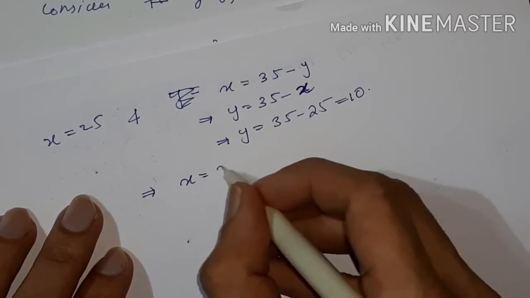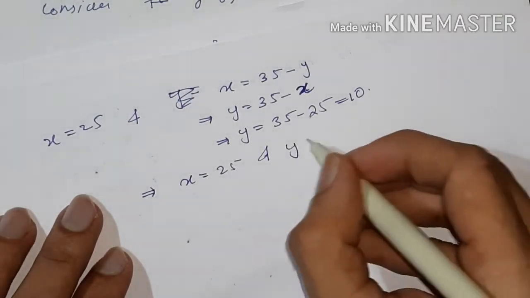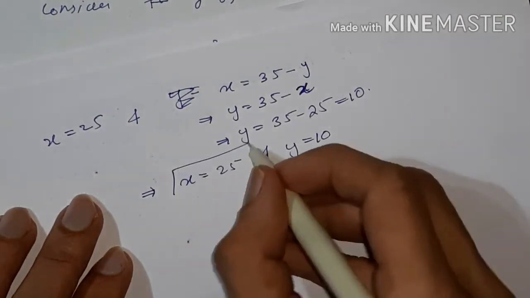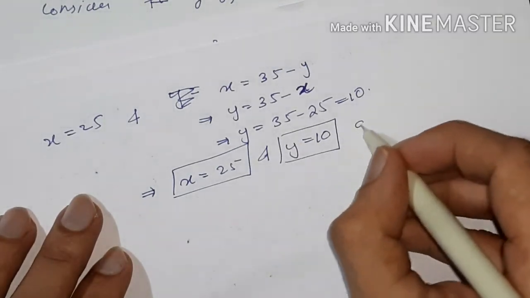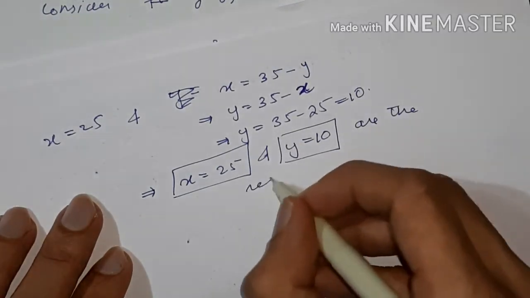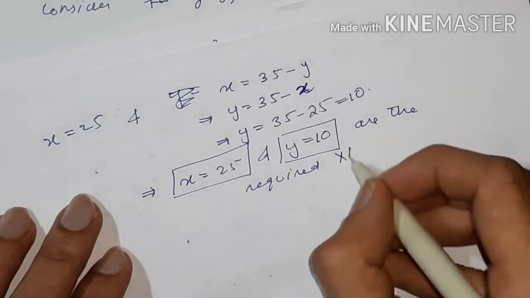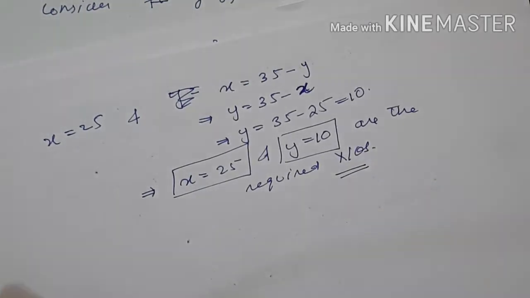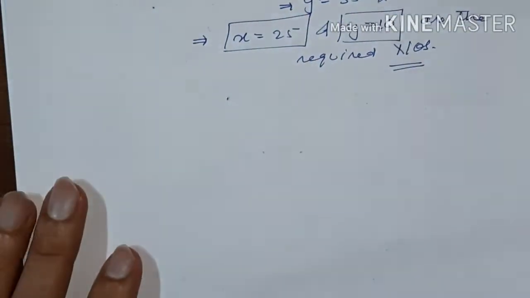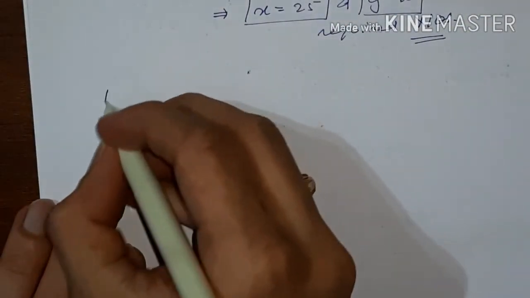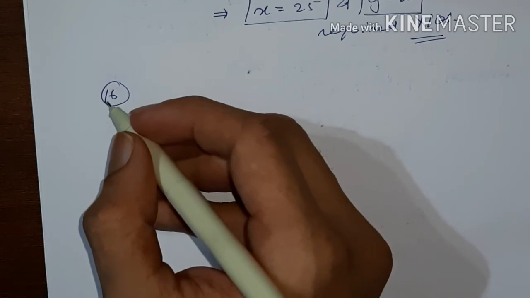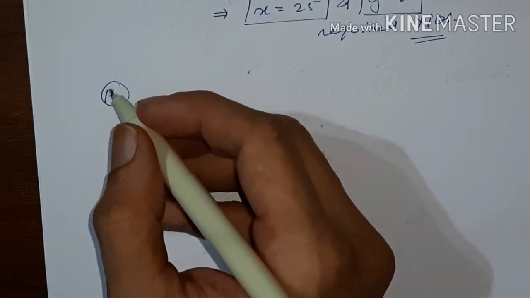Okay, so x is 25 and y is 10, okay, are the required numbers, right? Okay, so that was the solution of the 15th problem. Now let us go to the 16th. So what is the 16th problem?